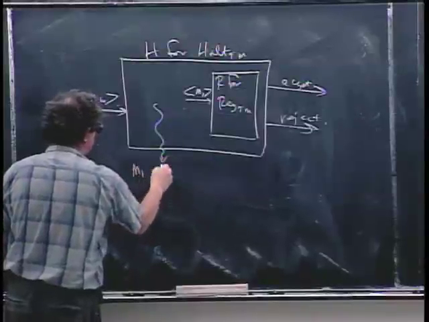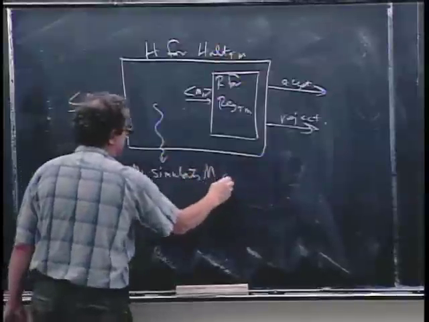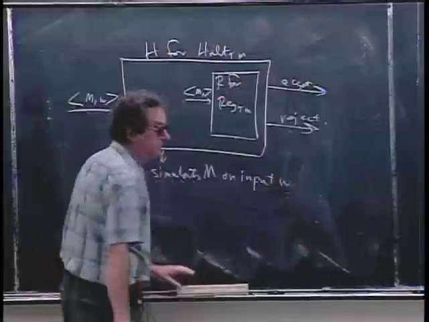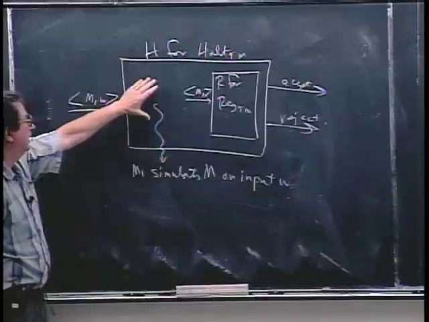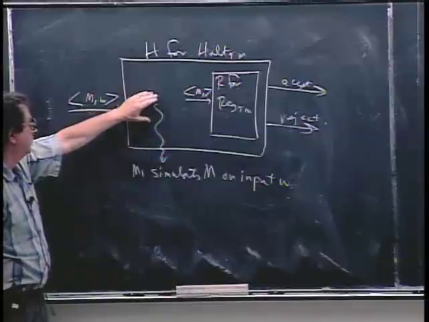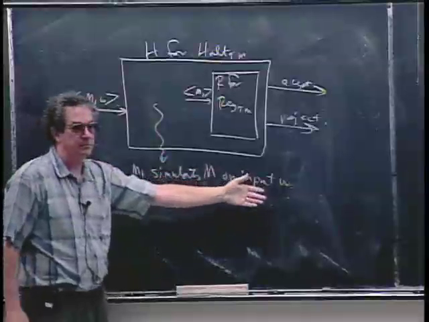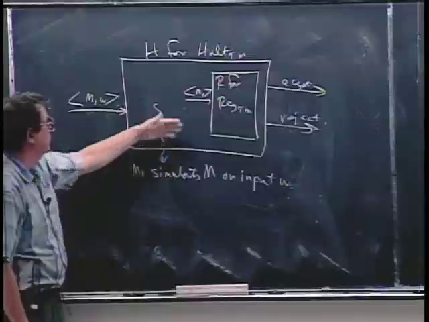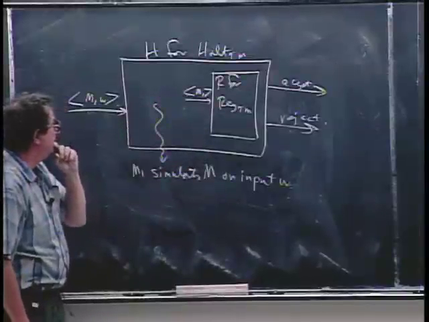M1 simulates M on input W. Okay? Well, certainly H can create a description of a simulator for M on W. That's the universal Turing machine. That's what it should do.